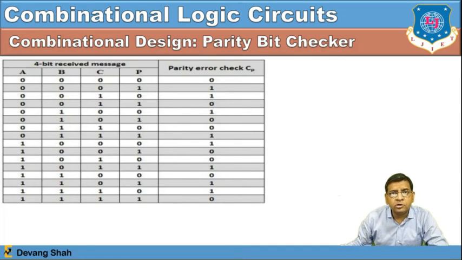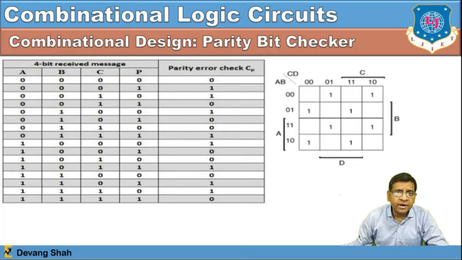So from this particular truth table you can easily define a K map, and for AB and CD you can have a sequence of 0 0, 0 1, 1 1, 1 0 for AB, and a sequence of 0 0, 0 1, 1 1, 1 0 for CD. From that, you put the corresponding ones in those boxes, and you look for groups of ones, the maximum group of ones in this K map.